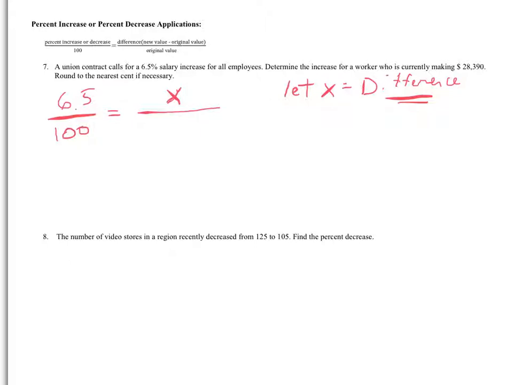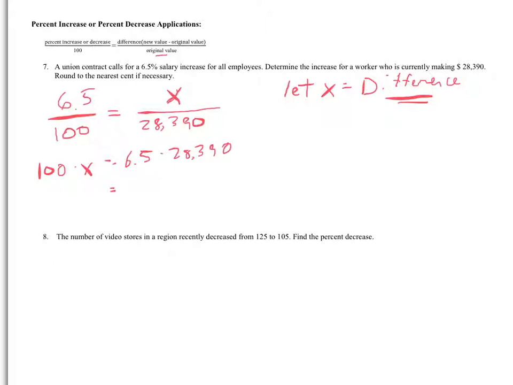So then the denominator of that fraction, the original value, is 28,390. The setup is a little bit more challenging in this one, but the rest of this solution is going to be virtually the same as all the previous problems. We take our cross products, 100 times x equals 6.5 times 28,390.